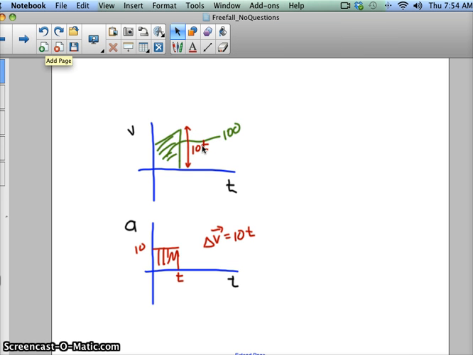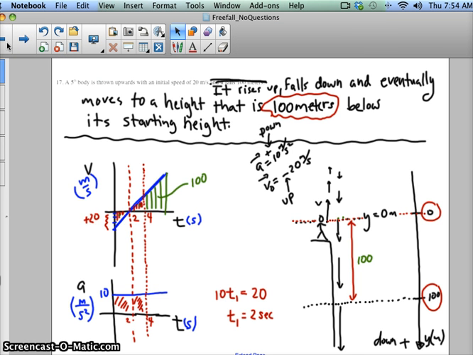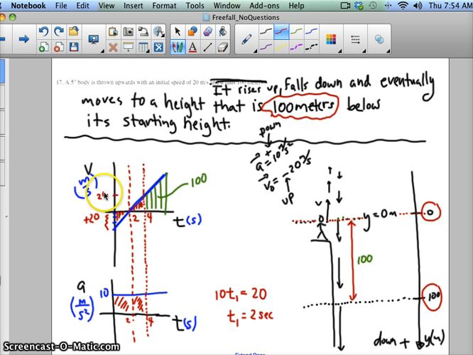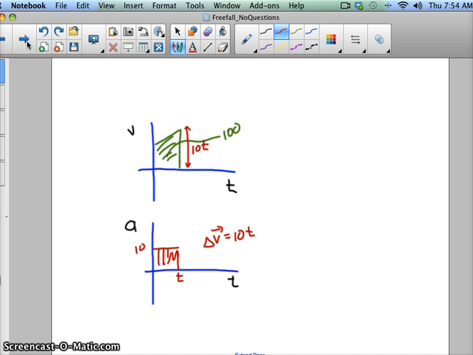Now, if I go back, my initial velocity at that moment in time has to be 20 meters per second. My beginning velocity at time 0 is negative 20. Now the object's going down with a speed of 20 meters per second. So I need a 20 here. And I'm calling this value t.